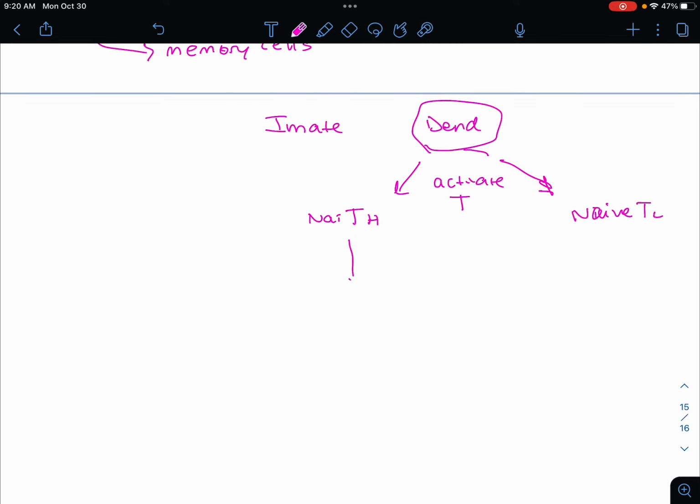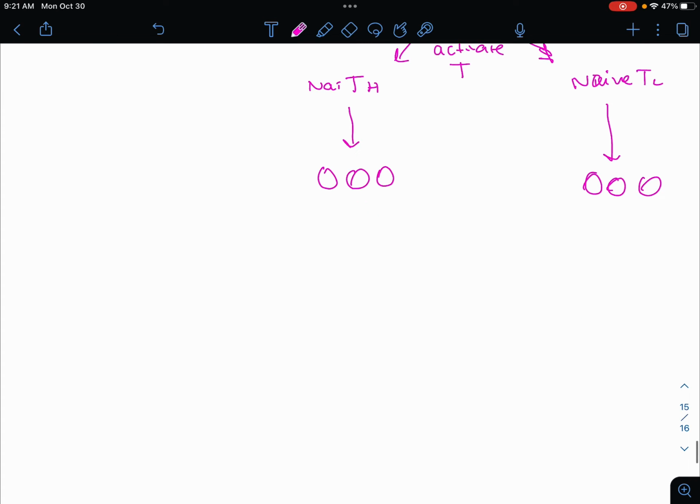They're going to proliferate and differentiate once they're activated by the antigens representing danger on the dendritic cell. Remember, we need to present it to the T cell in order for it to continue to function. So that's going to differentiate and proliferate both the cytotoxic as well as the helper cells.